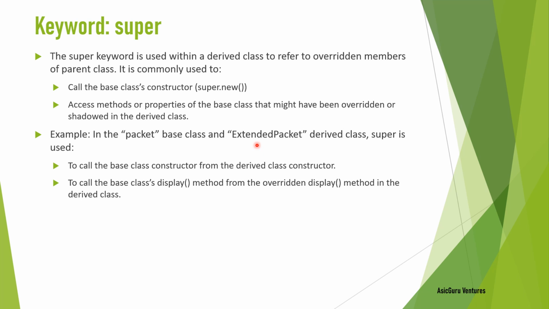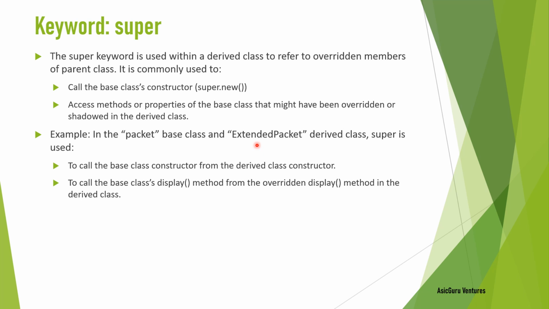In the earlier example of the method overriding, there is a display method in the base class, and there we are displaying its members, payload, destination, and the priority. And the same method is overridden in the derived class, and there we are displaying all the base class members as well as its additional members.